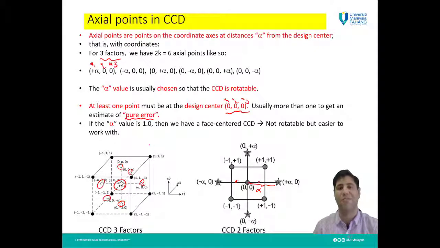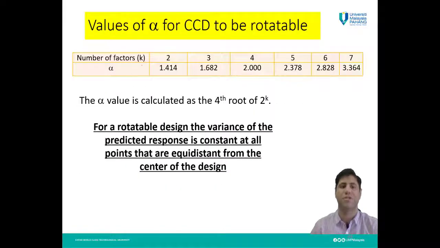If you are going to have a rotatable design, you need to select alpha according to this table, which is related to the number of factors. If you have two factors, temperature and time, alpha will be 1.414, and if the factors are 3, alpha will be this much, and so on.